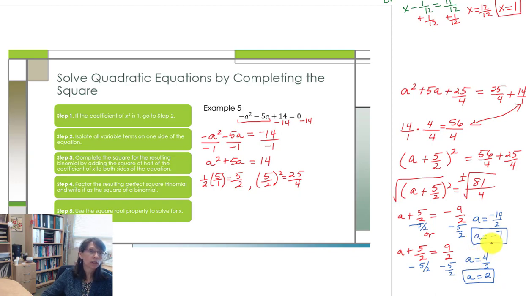So what you want to make sure you have when you're working with these quadratic equations and completing the square, your lead coefficient must be positive 1. If it's not, you might have to work a few steps in order to get that lead to positive 1. Then you're going to take half of this middle coefficient, square it.